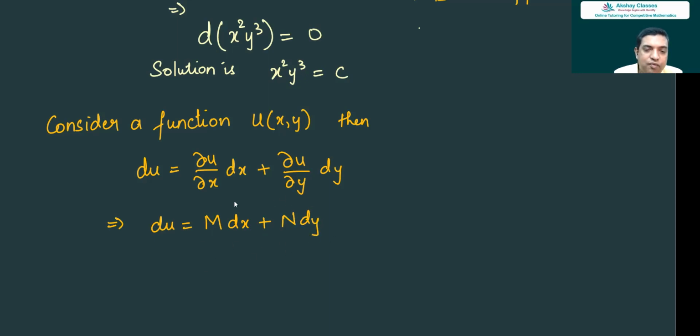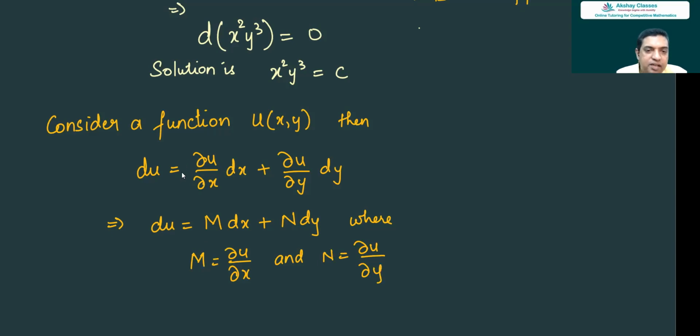So this form m dx plus n dy converts to du where m is equal to dou u by dou x and n is equal to dou u by dou y.